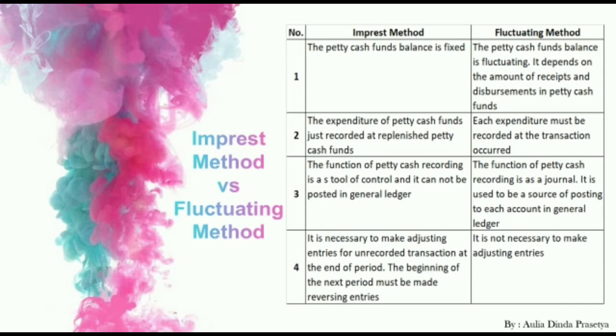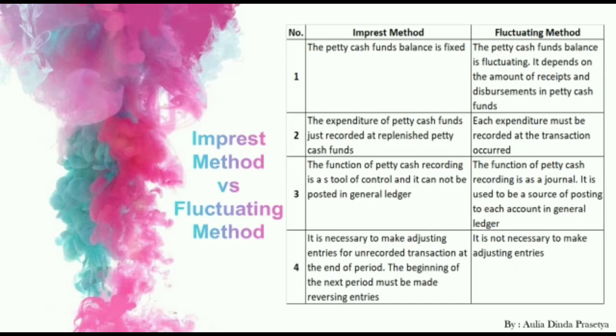Next, for the third point, for impress method, the function of petty cash recording is as a tool of control, and it cannot be posted in the general ledger. While for fluctuating method, the function of petty cash recording is as a journal. It is used as a source for posting to each account in the general ledger.